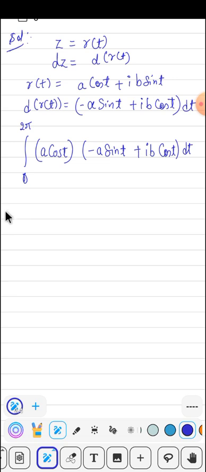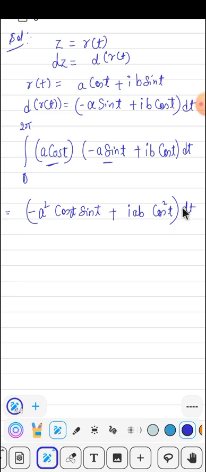Now let us solve this integration. This thing is going to be multiplied by this thing. We get minus a square cos t sin t plus i a b cos square t dt, integration 0 to 2 pi.